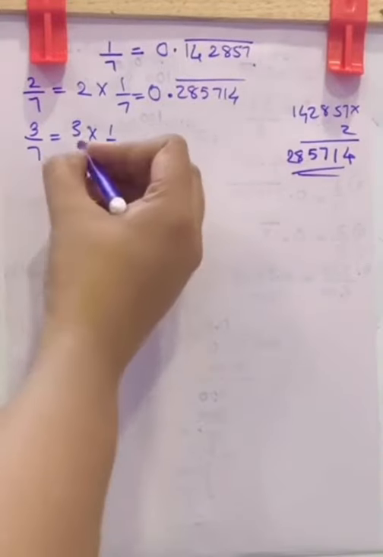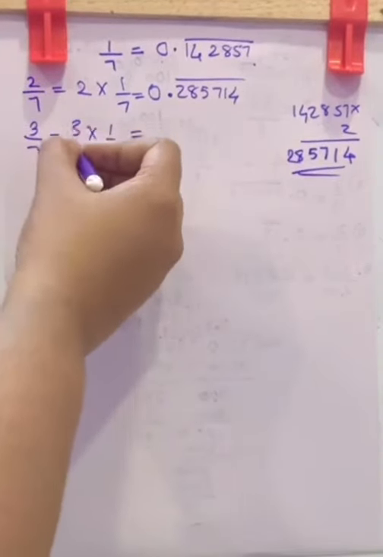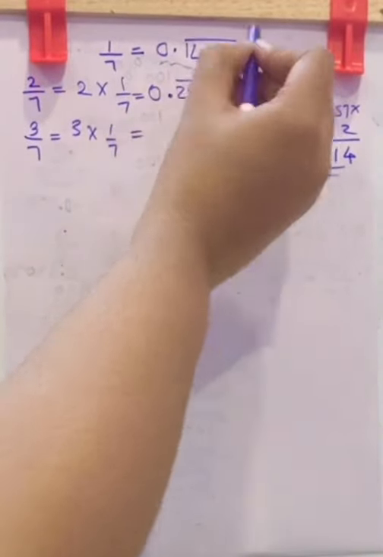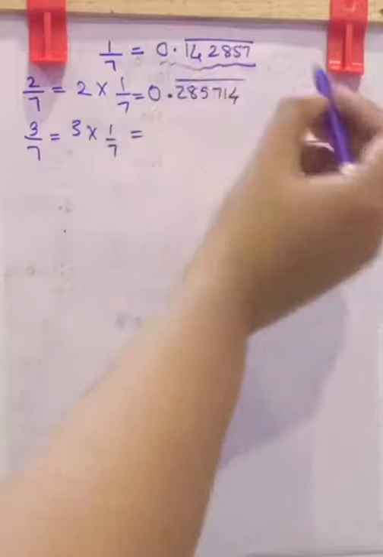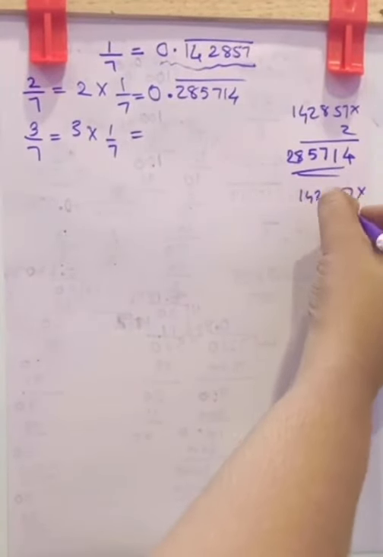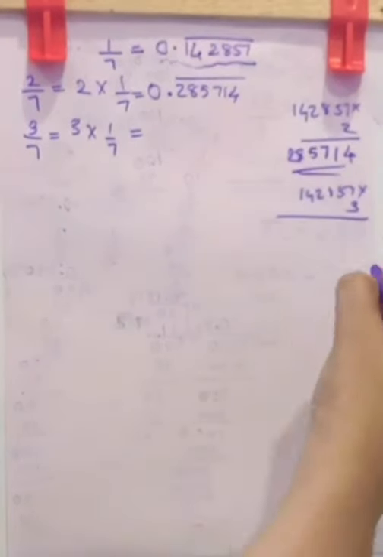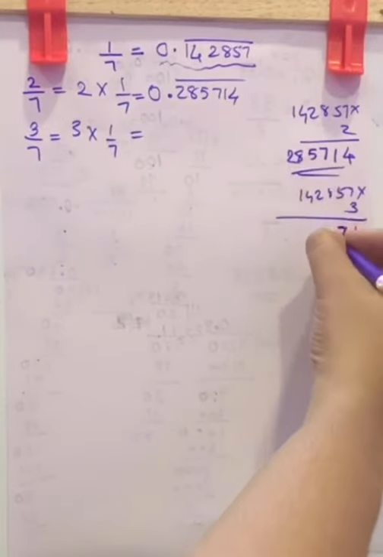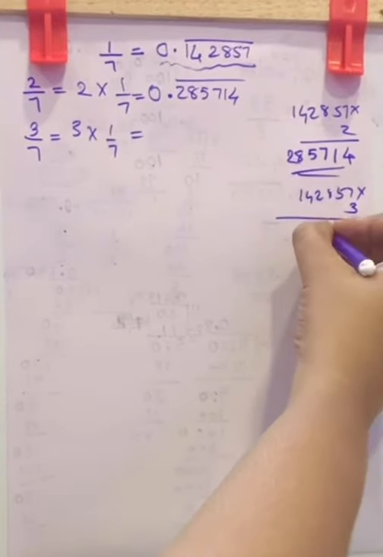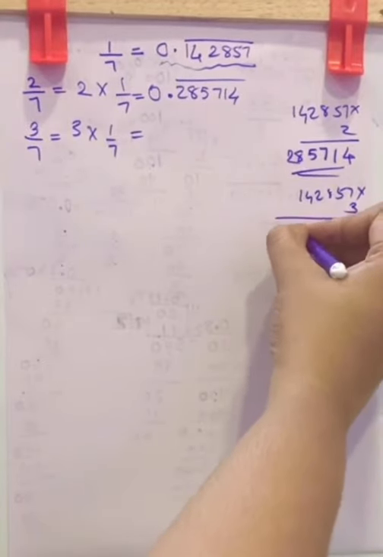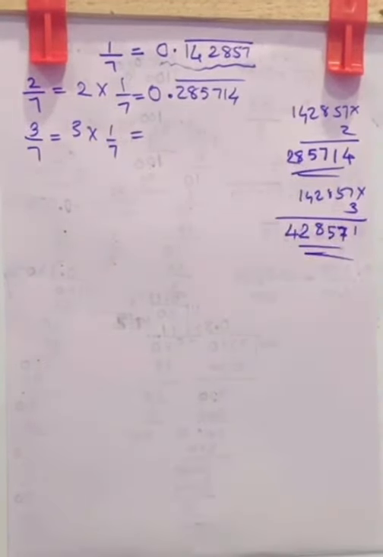Now what about 3 by 7? 3, that is 3 into 1 by 7. So 1 by 7 we know this value. That is 3 into this value. 142857 into 3. Multiplication, you will get this is the answer.